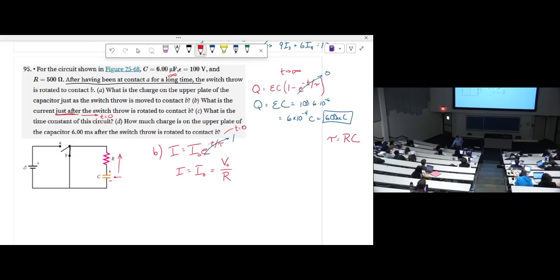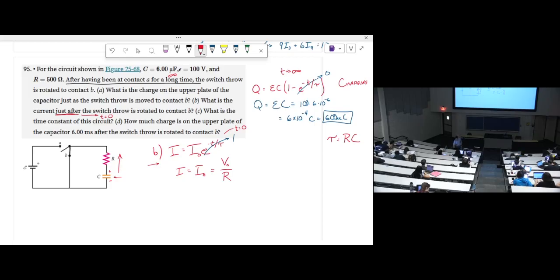So this is only valid when it is charging. As soon as I switch to the discharge state, I have to switch to a new set of variables, a new set of conditions, and in this case, I'm restarting the clock at 0.